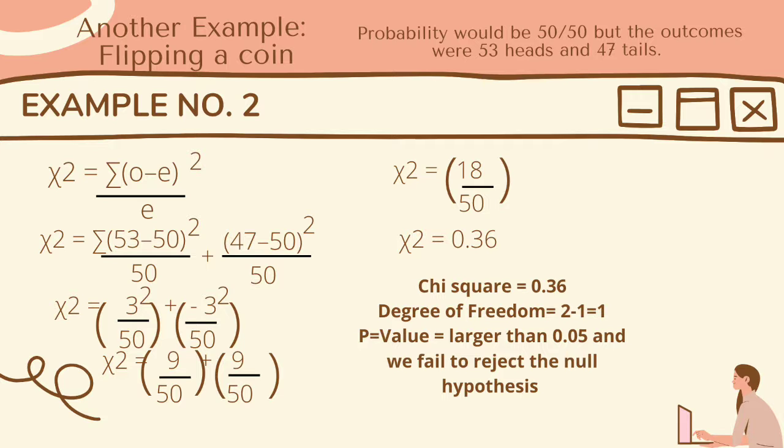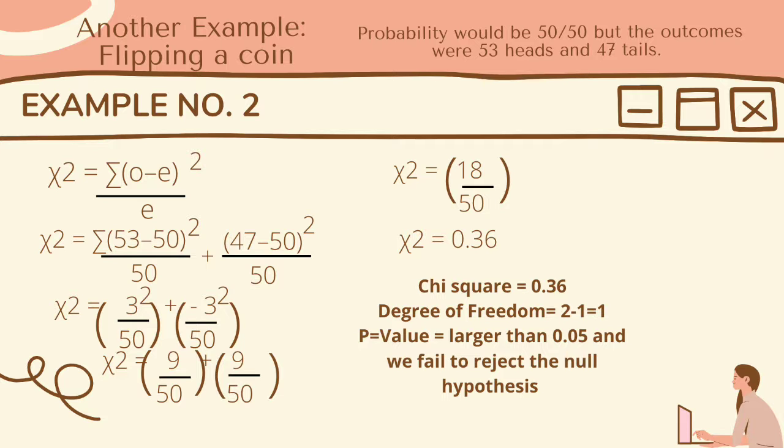Then, imo na sila i-divide, ang imo makuha ang answer kay chi-squared equals 0.36. So, ang chi-squared naton kay 0.36. Class, the chi-square is 0.36 and ang degree of freedom kay 1.